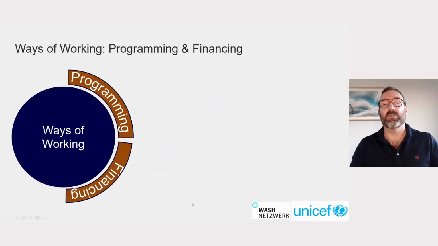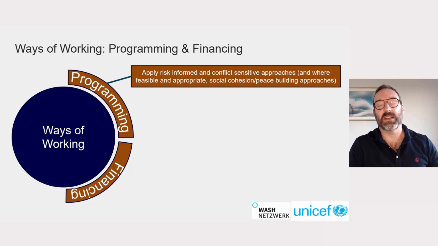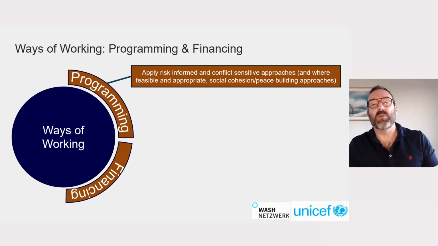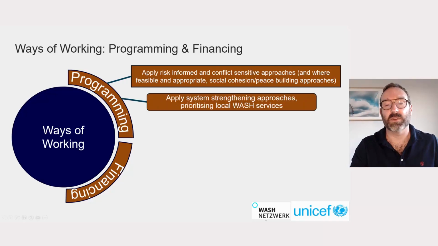So ways of working from a programming and financing perspective, fundamental is applying a risk-informed and conflict-sensitive approach, as we spoke about in the beginning with regard to peace building, and where feasible and appropriate, social cohesion and peace building approaches. So taking risk from a multi-risk perspective, those risks that may affect the delivery of WASH services.